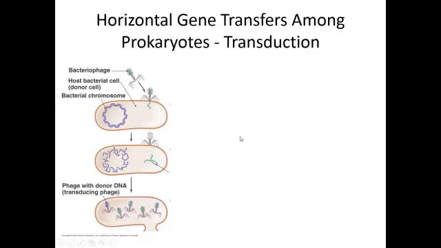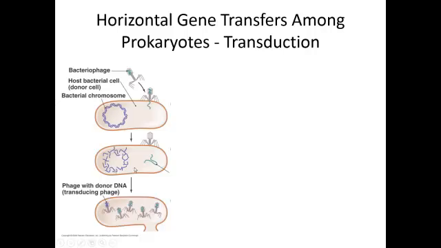Next up, transduction. Let's talk about bacterial phages. Bacterial phages are viruses of bacteria. And here's how it usually goes. The phage lands on top of the cell, the bacterial cell, and injects its DNA in. It also injects an enzyme that will go through and chop up the bacteria's chromosome.